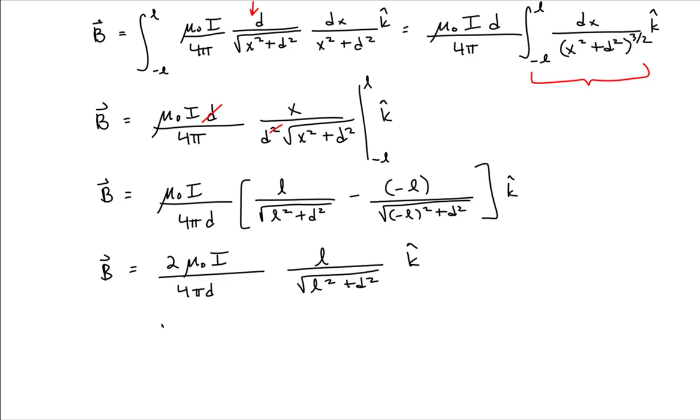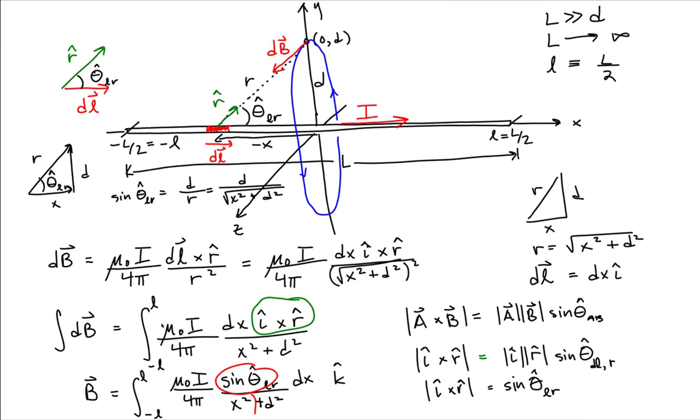The reason why that approximation is important for this one is because we had set our origin to be the center of the wire. And we're saying that the magnetic field at any point, a distance d from the wire, will be the same value everywhere a distance d from the wire.